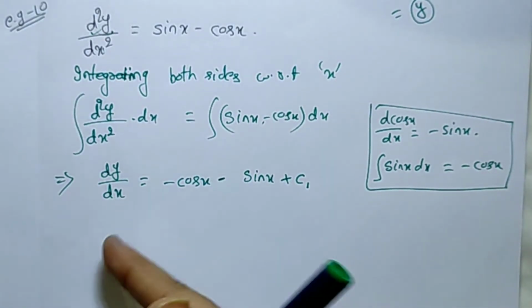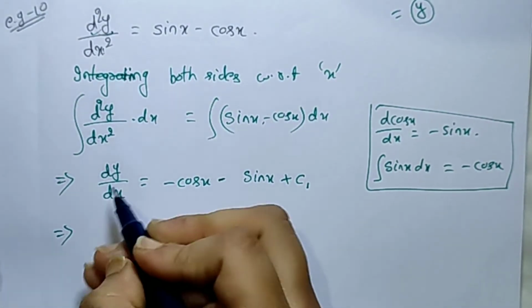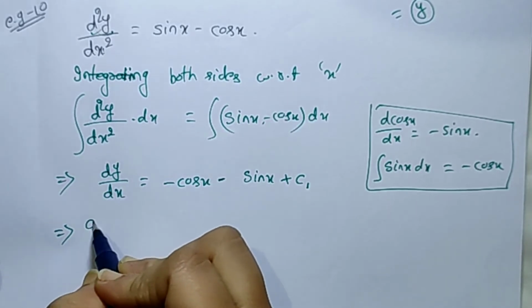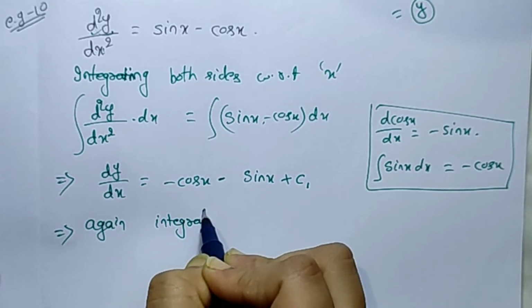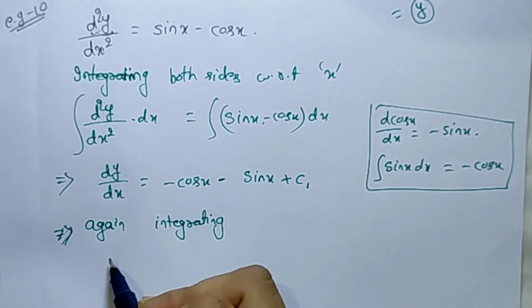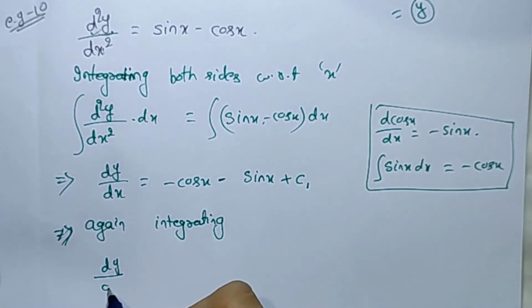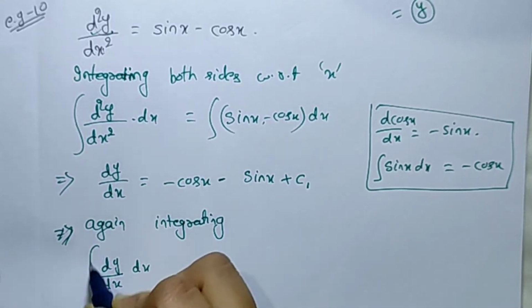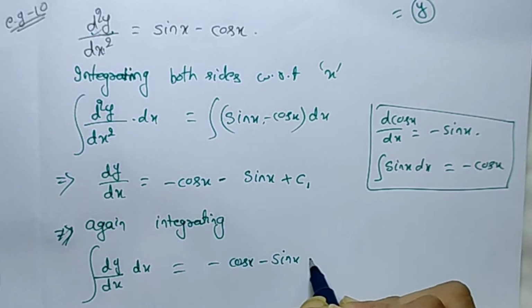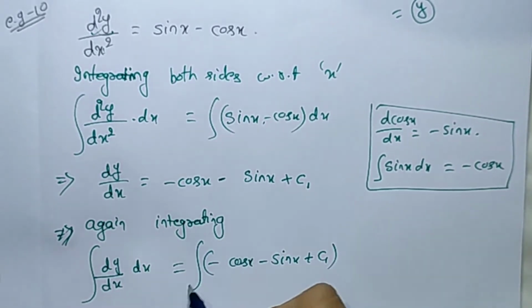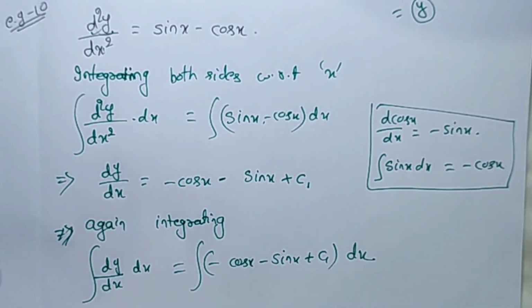Now we need y. So again integrating, what have we got? We got dy by dx into dx integration is equal to minus cos x minus sin x plus c1, integration with respect to dx.